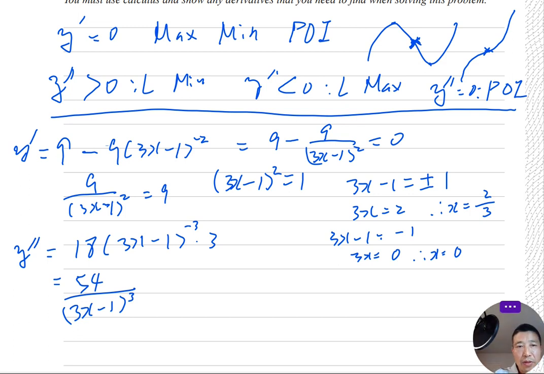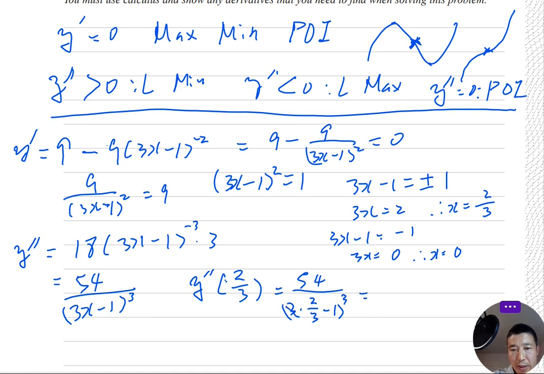So now we have to plug each number into this expression, the second derivative of y. When x is 2/3, 54 over 3 times 2/3 minus 1, cubed.